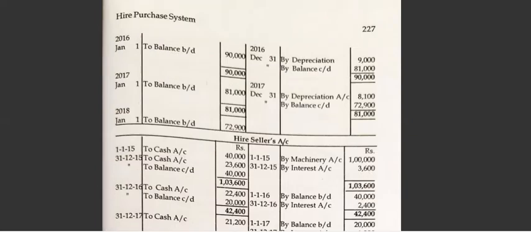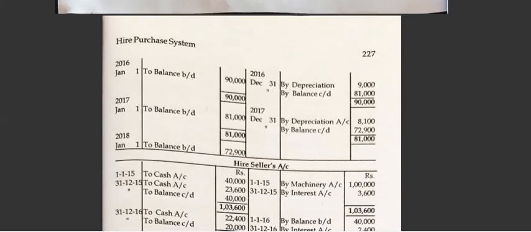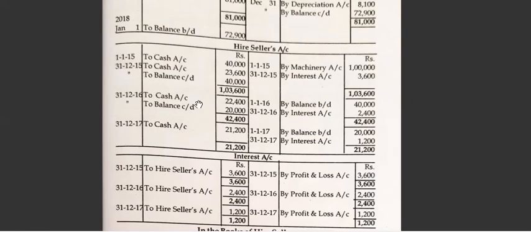Now depreciation is diminishing, so what is remaining now, balance brought down 90,000 at 10%, you will get 9,000. After that close the account, balance carried on, balance brought down. Here also you close the account. Here you bring the interest this side to the hire seller account 2,400, transfer to profit and loss account 2,400.